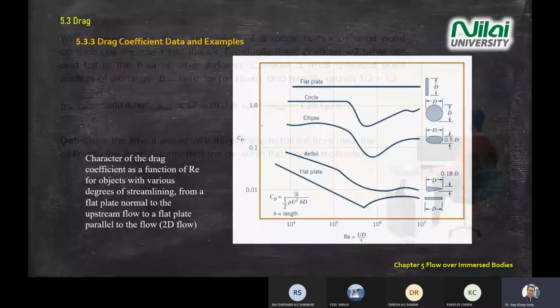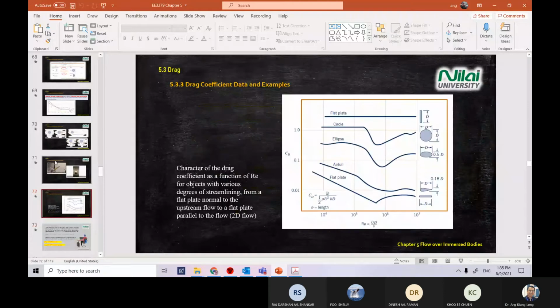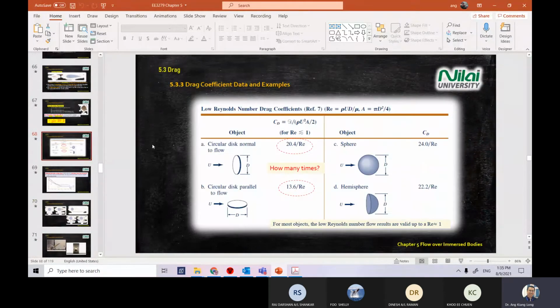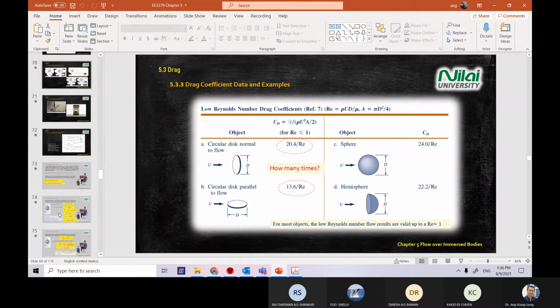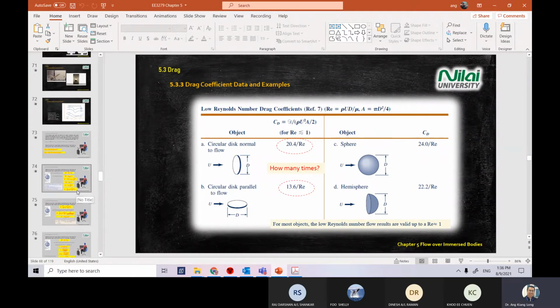In my slides there is one graph, and this graph only applies for Reynolds number less than 1. So we assume our spray particles are spheres, and we use CD equal to 24 divided by Reynolds number.